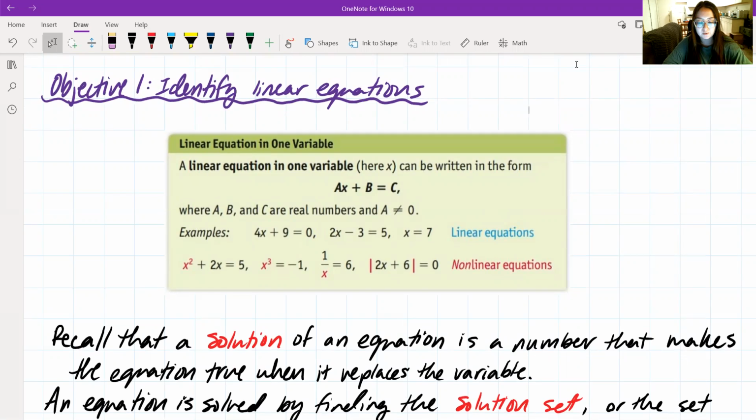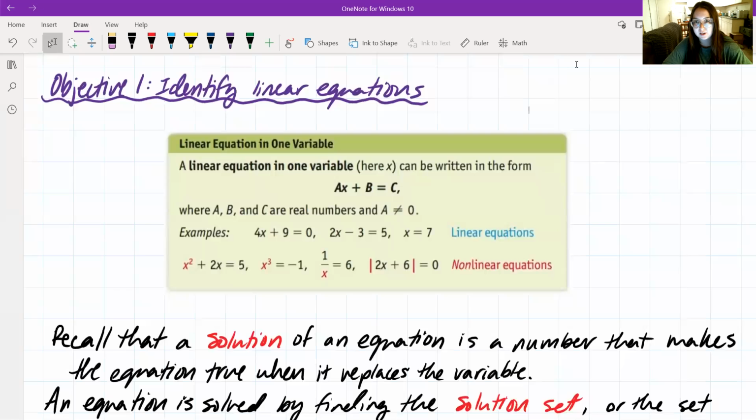With objective 1, we want to identify linear equations. A linear equation in one variable, here it's going to be x, can be written in the form ax plus b is equal to c, where a, b, and c are real numbers or constants, and a is not equal to 0. For example, some linear equations would be 4x plus 9 is equal to 0, 2x minus 3 is equal to 5, and x is equal to 7.